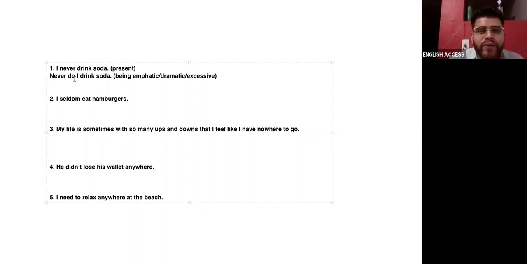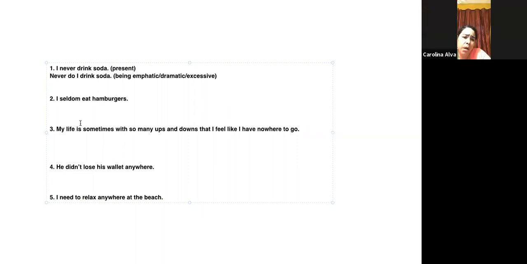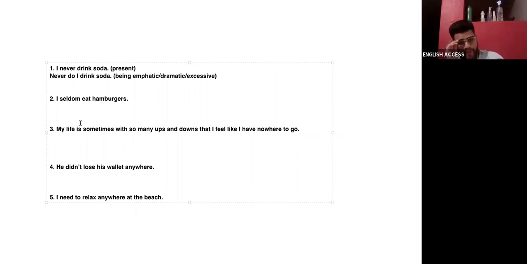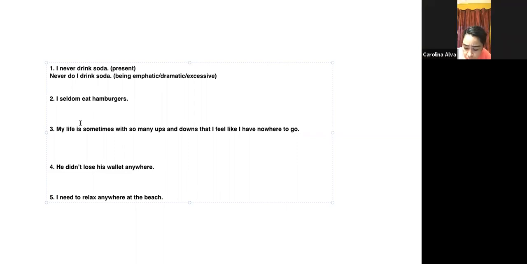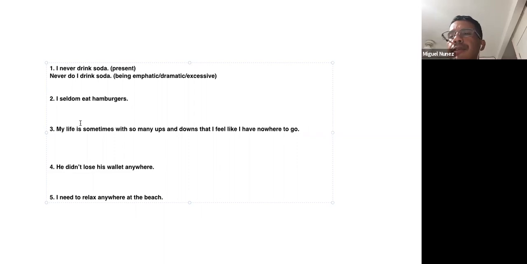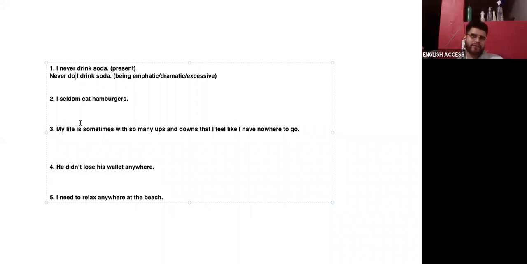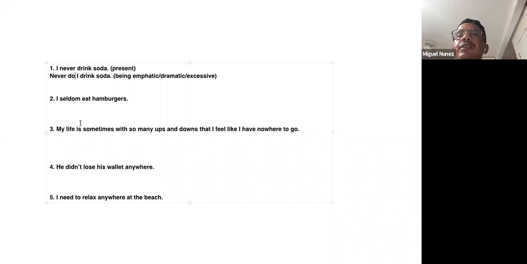Now, why do you think we use "do"? Never do I. "Do" is always used in a sentence when you want to reaffirm or to be emphatic, like when I say "I do use my computer for my English classes." So why not "did"? It's present. Why not "does"?